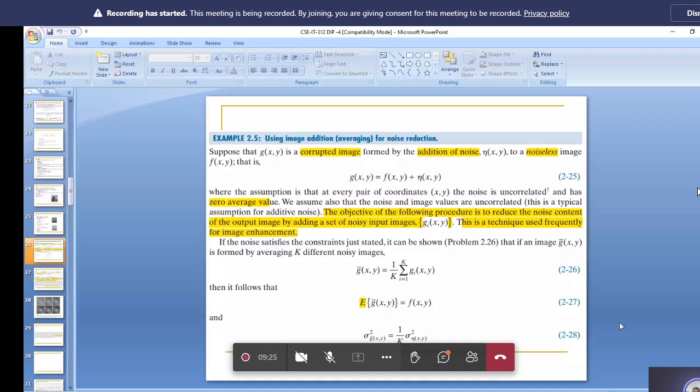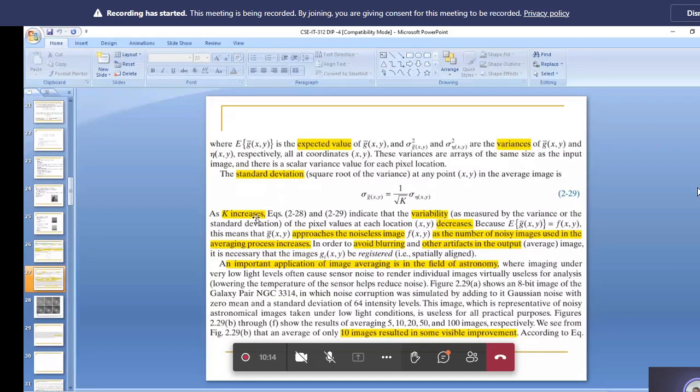The important point we have to remember is that as we add more noisy images, we move towards the noiseless image, that is f of x comma y. Or we can say as k increases, the variability of the pixel value at each location x comma y decreases, because the expectation of g of x comma y is equal to f of x comma y.